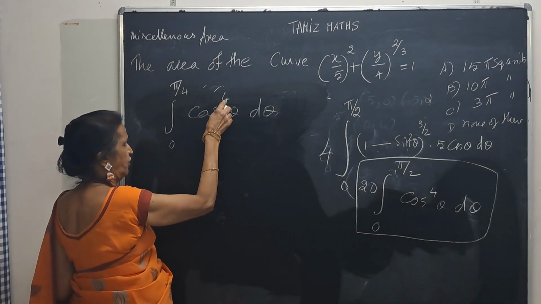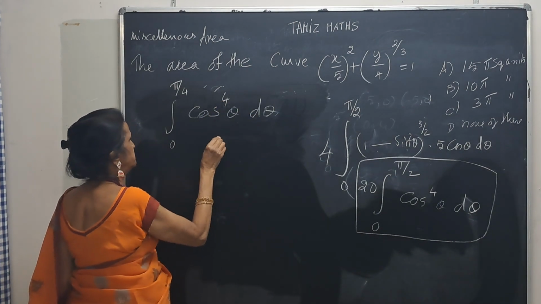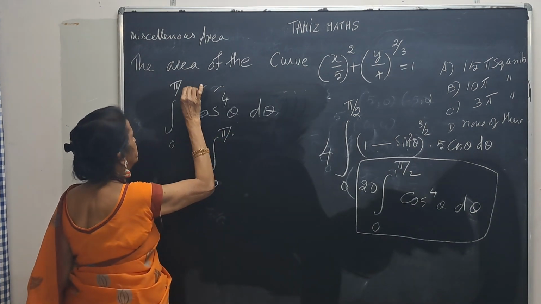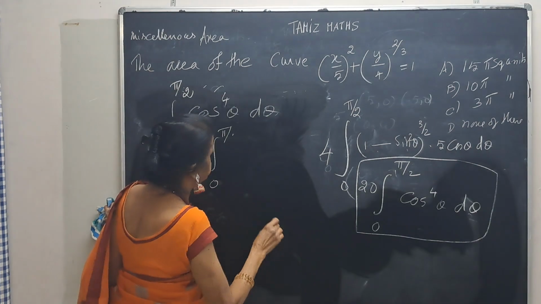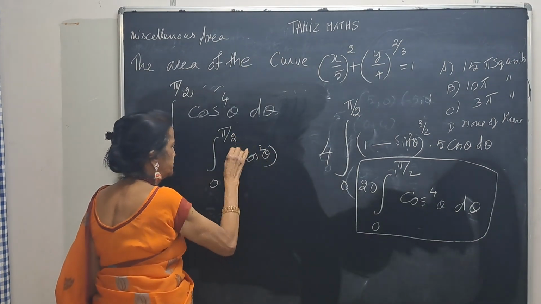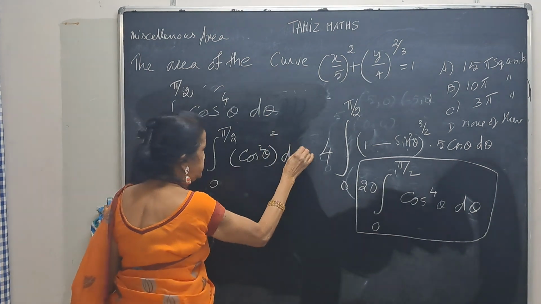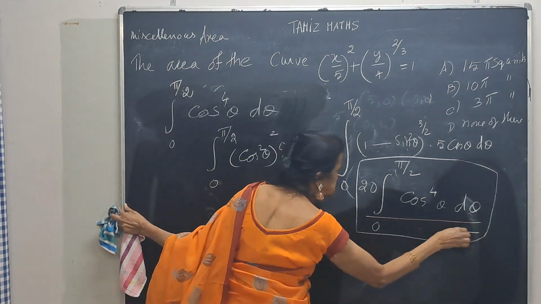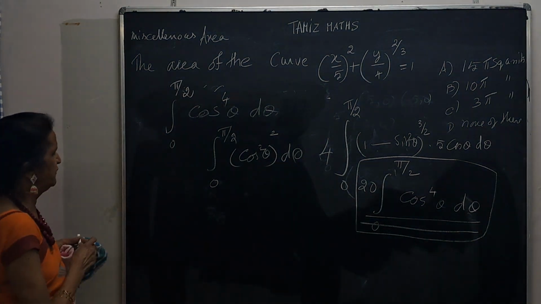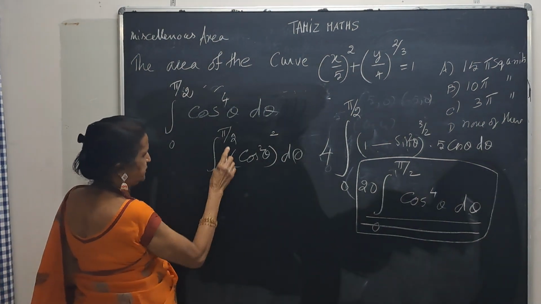It is an even power of cos, so there is no sine with that. So write it as cos square whole square d theta. I am just working this alone, from 0 to pi by 2.